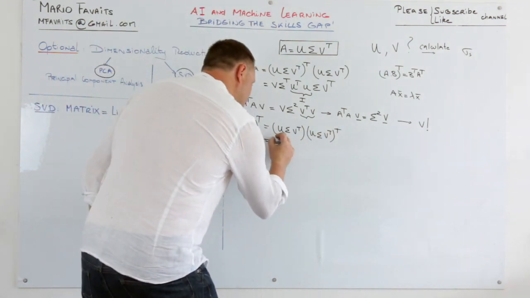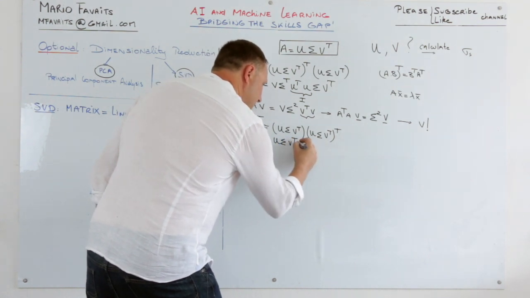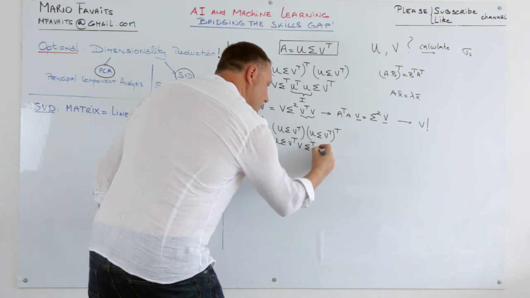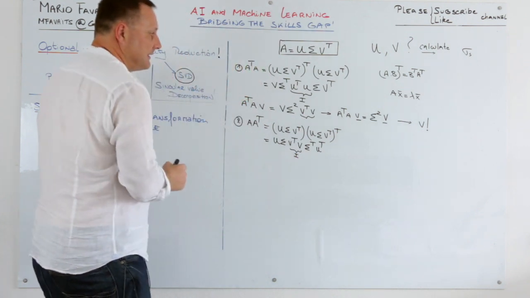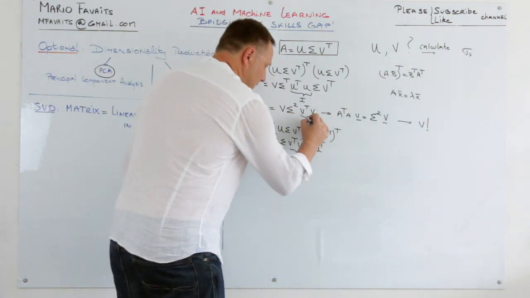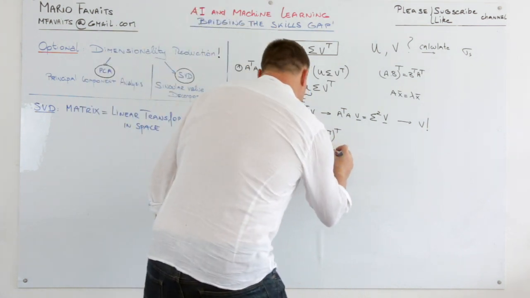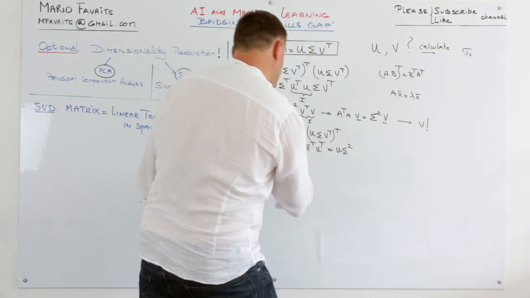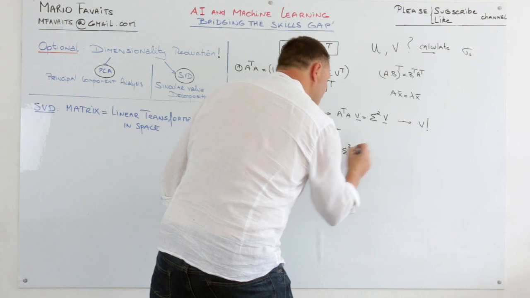So we calculate this is U sigma V transpose, and then we have V sigma transpose U transpose. This is here again the identity matrix, like here. So that means this is U sigma squared U transpose.